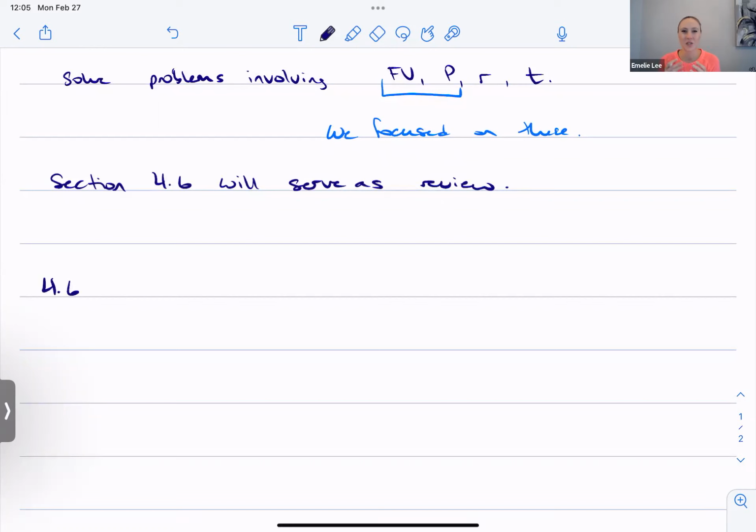We already solved these problems in 4.5 and 4.4. We already solved some problems like this, some equivalent, I'll call it by name.